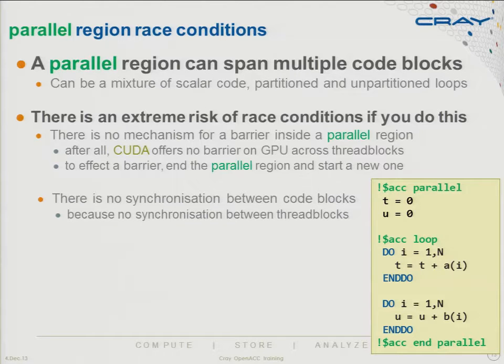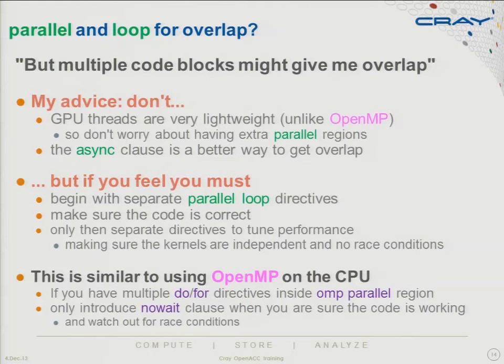There's plenty of race conditions in OpenACC. You have to be careful, and this sort of thing, you think this is a little optimization, but actually it's a big problem. So don't try and do this because you think, oh, these code blocks could overlap on the GPU, or I could save copying a bit of data.